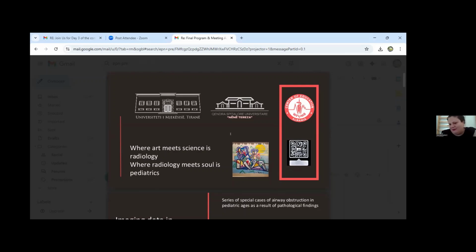Science is radiology, because radiologists are a little bit like artists, part of the medicine. But where radiology meets pediatrics, there is the soul. This is the soul of radiology and of medicine in general, the pediatric part.